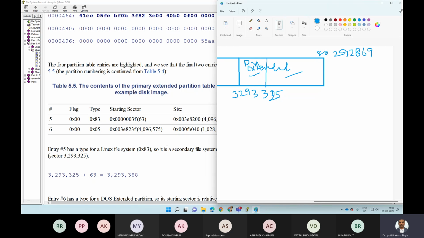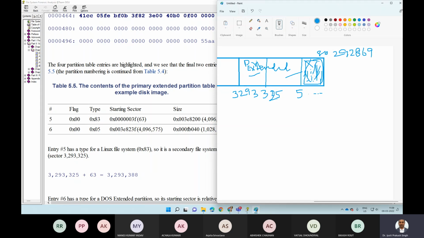But if there is any space, like what we can see from this one, 4096575 and 10, so this is going to be hardly 5000-something. There will be another space which is still unallocated. So this is a Linux one, this is an extended partition, and this space is unallocated because we have not yet reached the end of that disk.